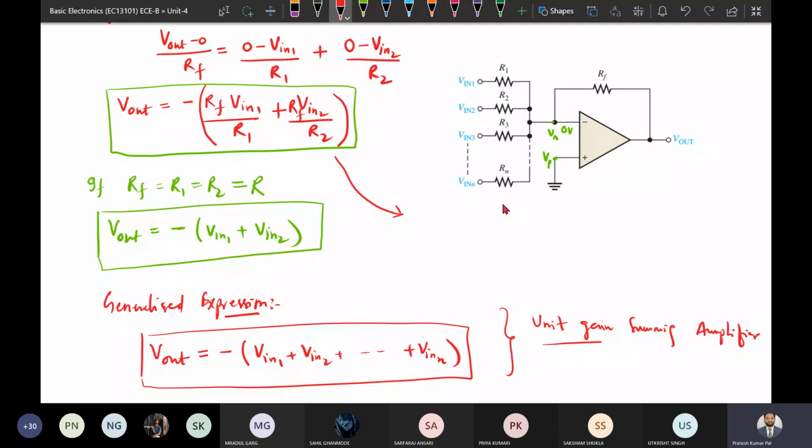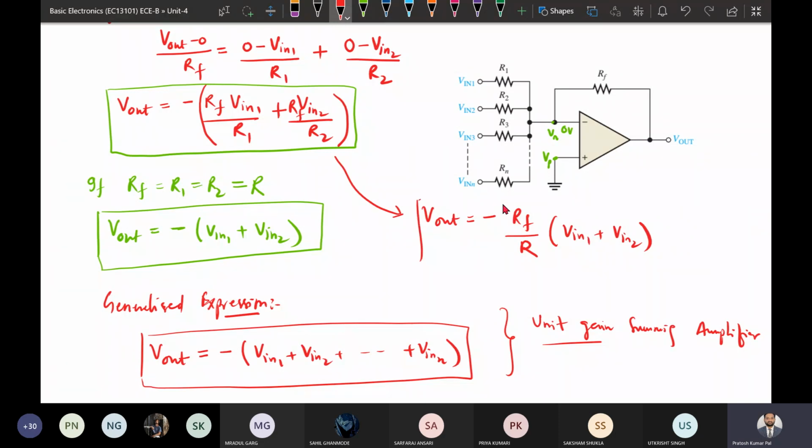Non-unity gain means a gain will be there, and that gain will not be 1. That will be decided by the resistances again. So RF is common, we take it outside, and suppose R1 and R2 are equal to a constant value R.